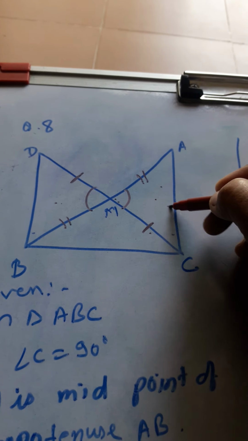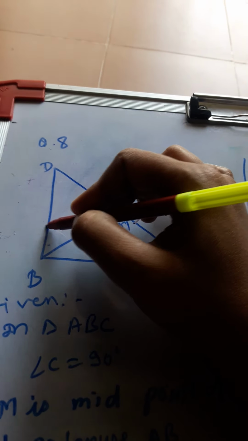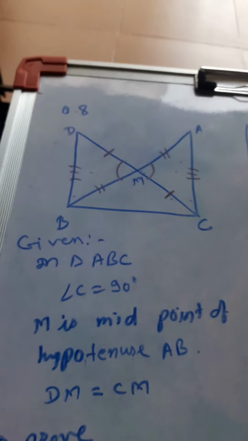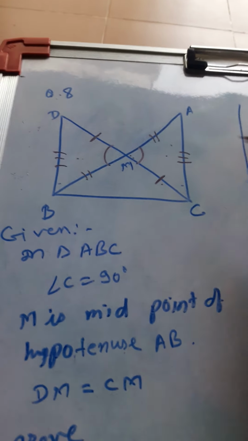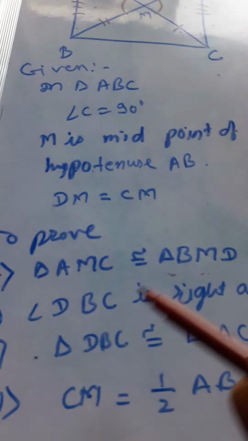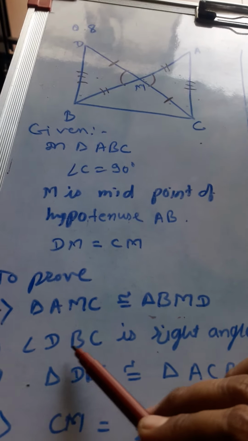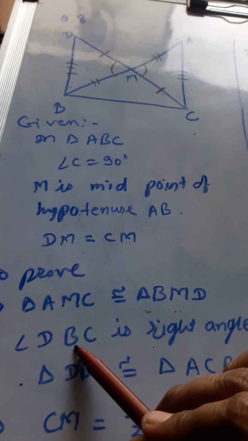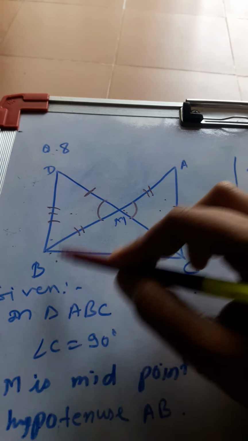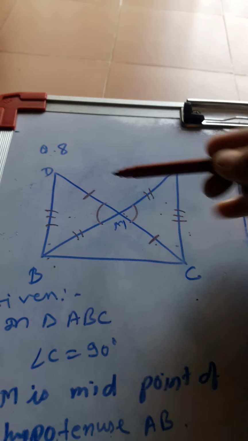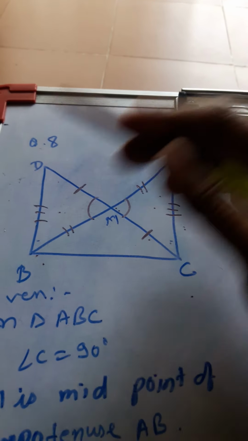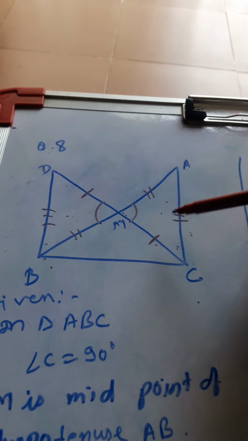Then by CPCT, AC is equal to BD. For the second part, we have to prove that CBD is a right angle at B. Suppose these two lines are parallel and CD is a transversal, they form alternate angles.